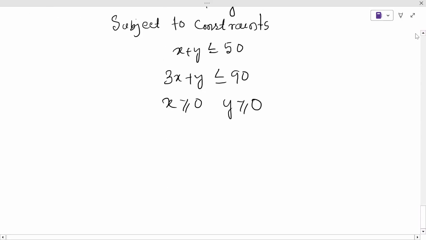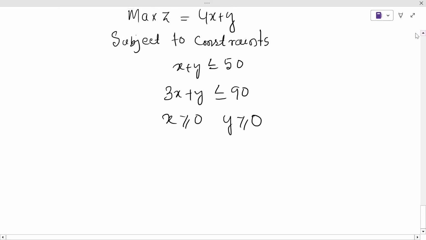So just remember, solve by the graphical method. How to solve this?